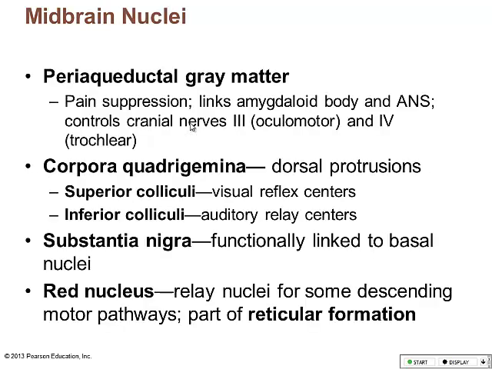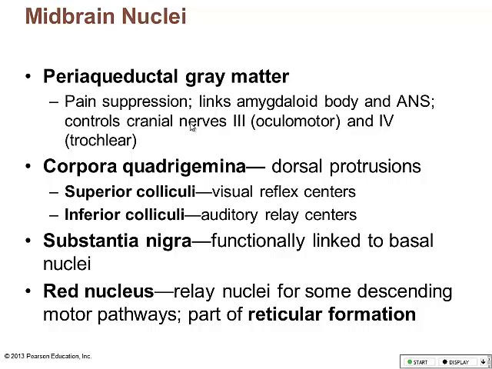So they talk about a whole bunch of different areas here, and we see some of these different motor tracts that are going to suppress pain, visual reflex, auditory reflex, basal nuclei, limbic system, awareness system. We see some connections between midbrain nuclei and that awareness function.